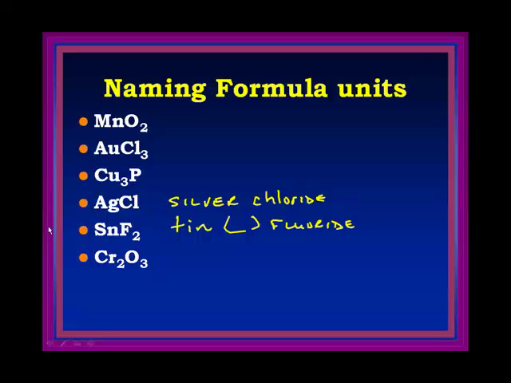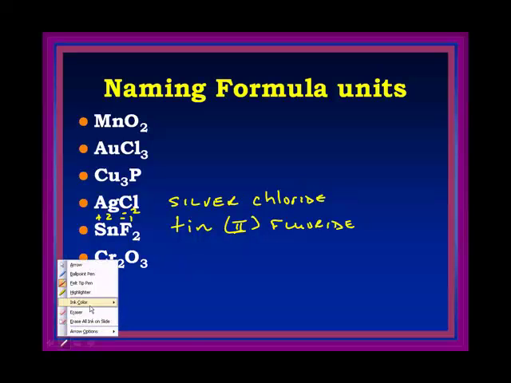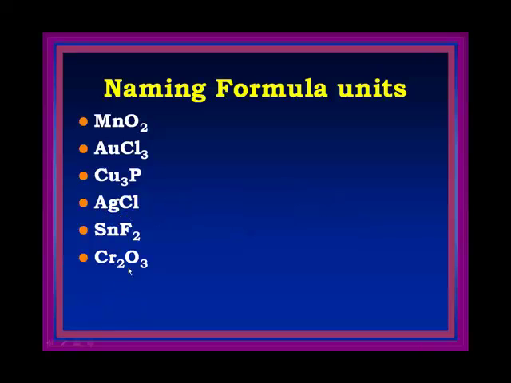Okay, if you look up fluorine, fluorine has a -1 charge. I have 2 of those, and that's a -2. So this Sn has to be a +2. So my Roman numeral is 2. Tin 2 fluoride.